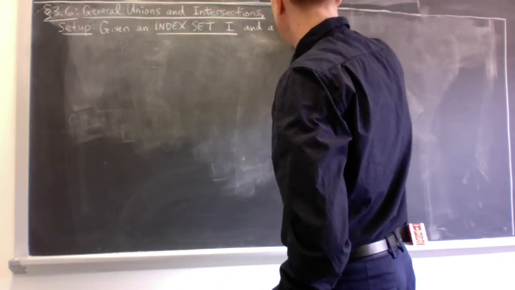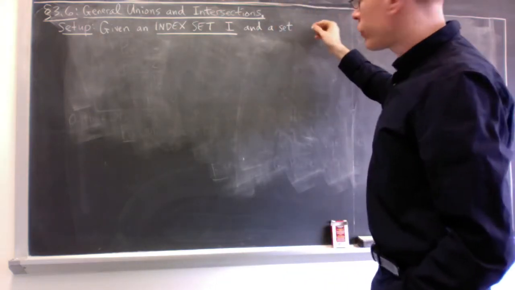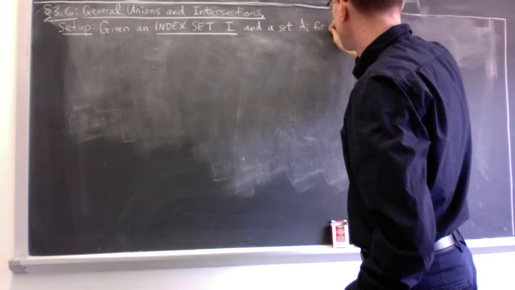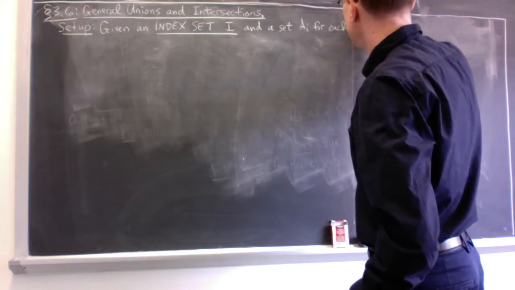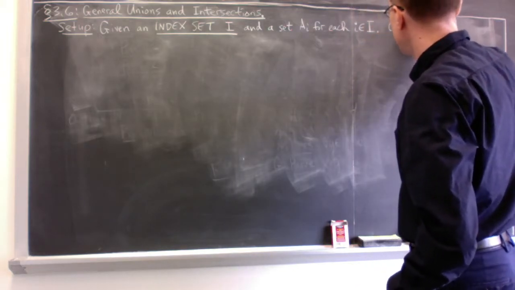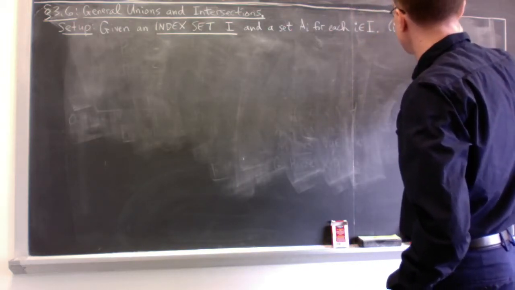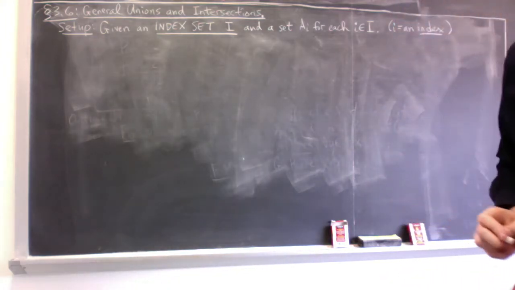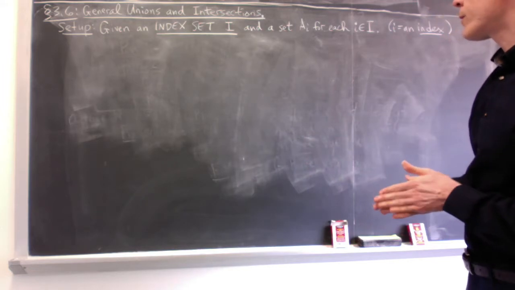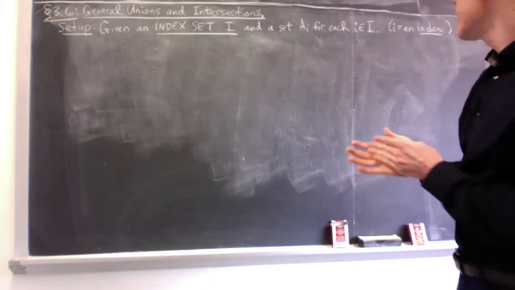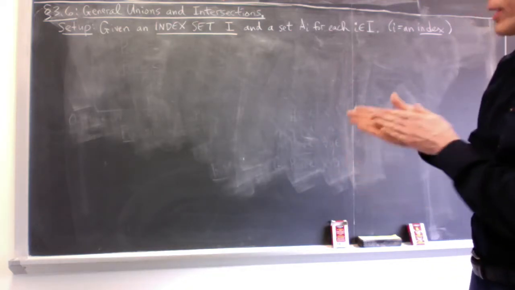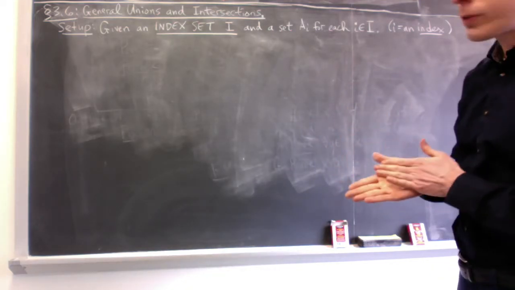So we have this capital I, and we also have all these other sets, A sub little I, for each little I in the index set. Little I, recall, was a particular index. And this lets us talk about potentially infinite families of sets, not just like two sets or even finitely many. Maybe the capital I might be the set of positive integers, or even the set of real numbers, or there could be all sorts of sets.